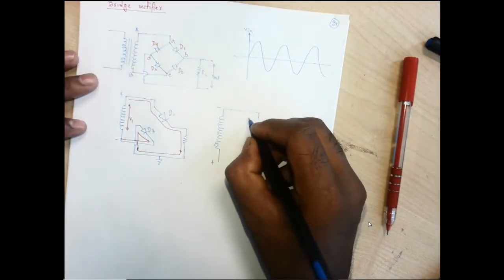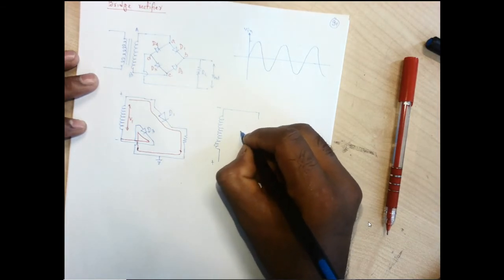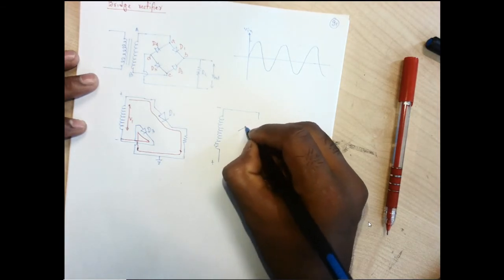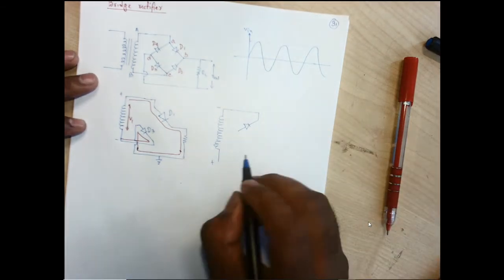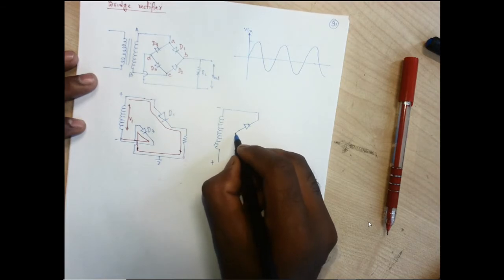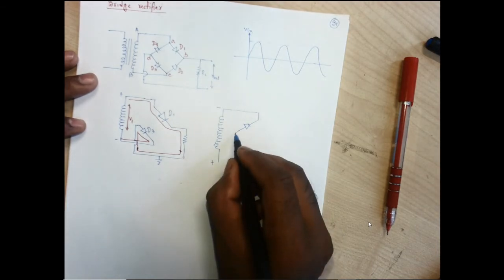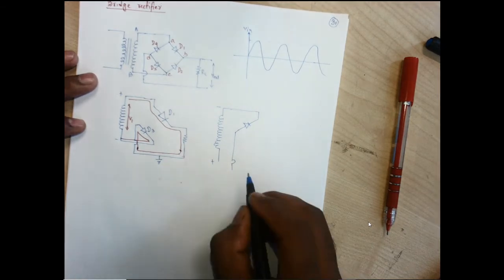So we'll have this D4 forward biased, then it will go to the load.